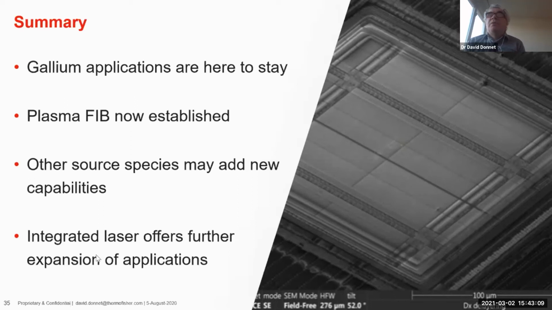Other source species will certainly add new capabilities. This is now being studied and developed for the semiconductor industry. And the integrated laser really does offer an enormous expansion of the volume that can be removed and imaged for failure analysis. So with that, I'd like to thank you for your attention.